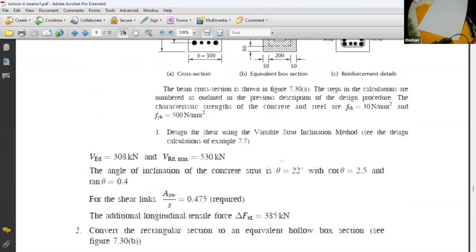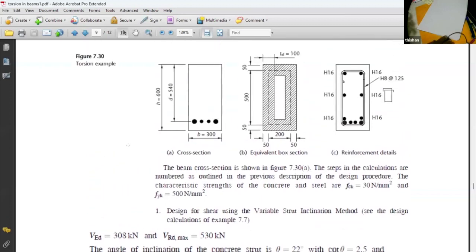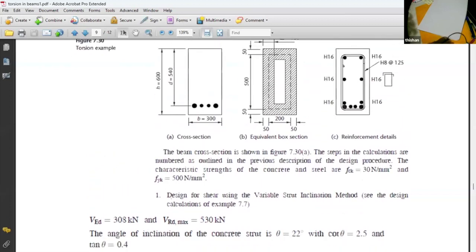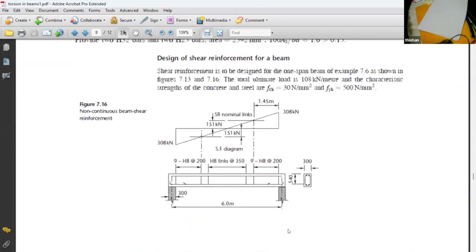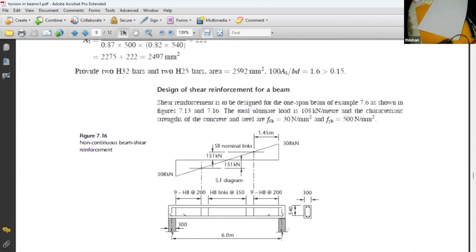So the shear failure is going to be at 22 degrees. So this is a shear design. The maximum shear on the section is 308 kilonewtons, and the maximum shear resistance is 530 at an angle of 22.